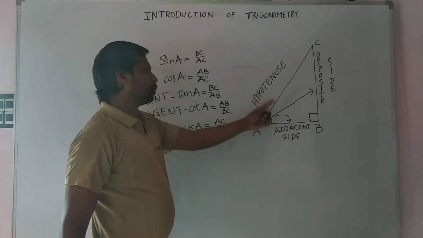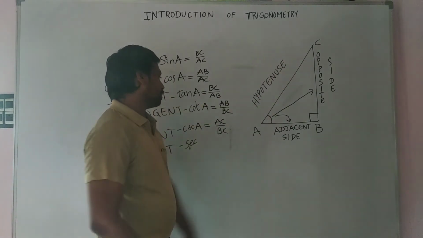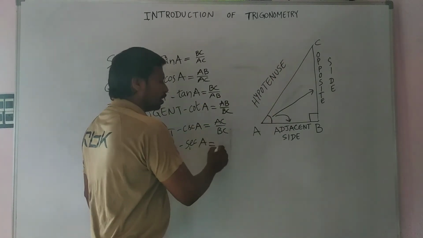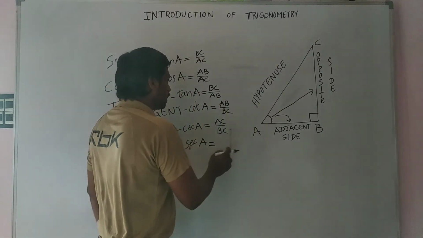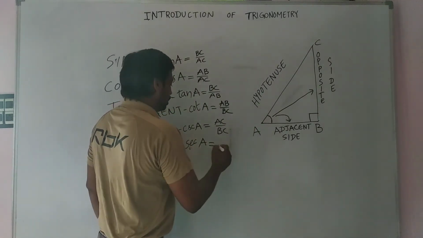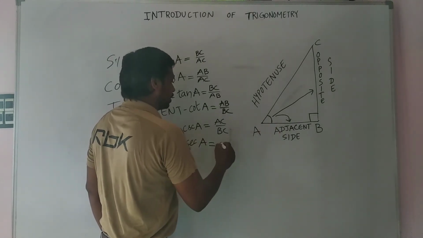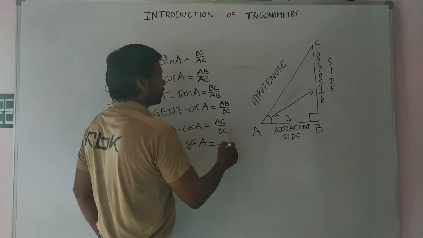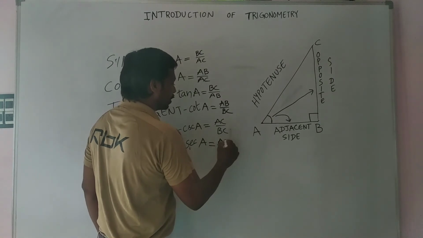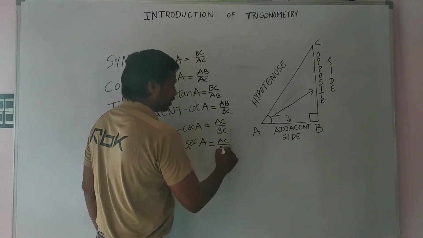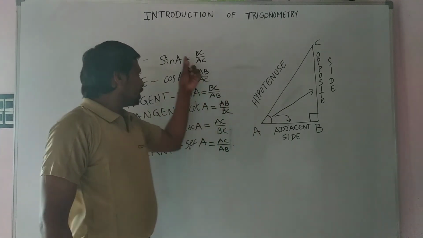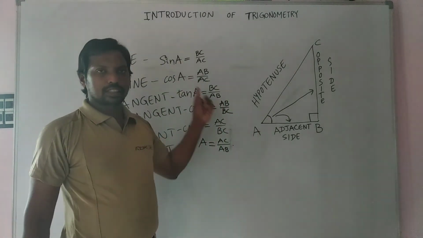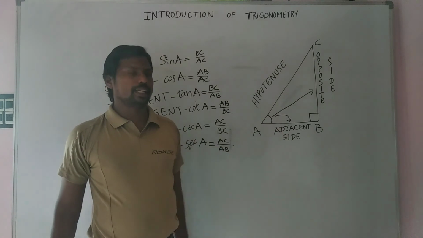Sec A is the reciprocal of cosine, hypotenuse by adjacent side, AC by AB. These formulas are with respect to angle A.